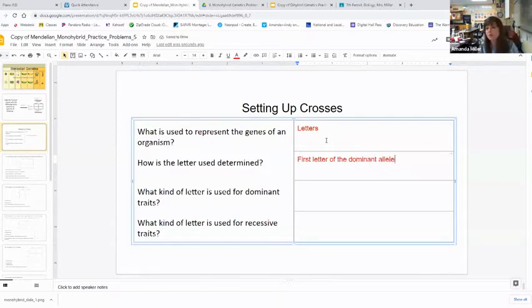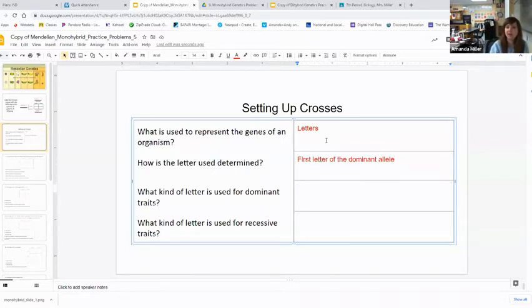Not all the time. Sometimes, like you saw in the dog called Spot activity, it's really hard to tell the difference between a capital P and a lowercase p. So sometimes it might be beneficial to use the first letter of the trait, okay? But most of the time, we're going to use the first letter of the dominant allele.